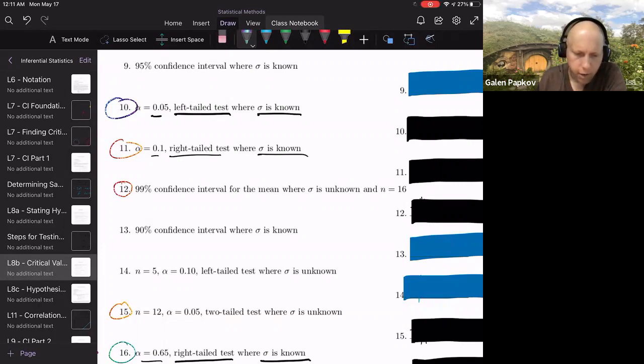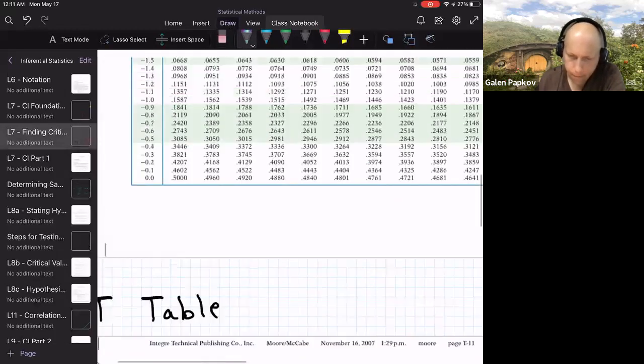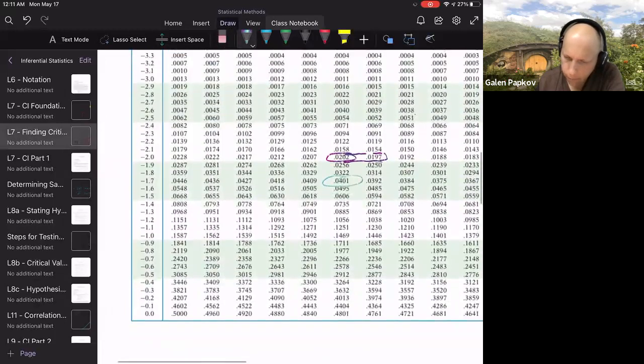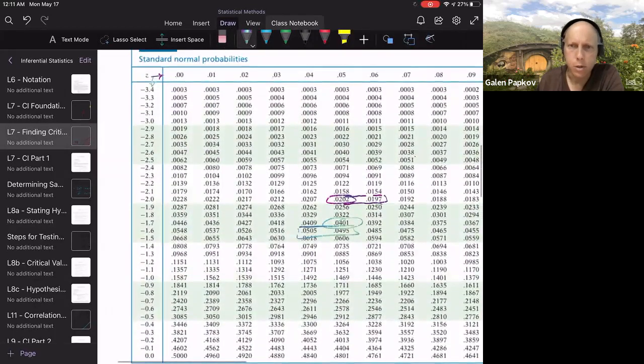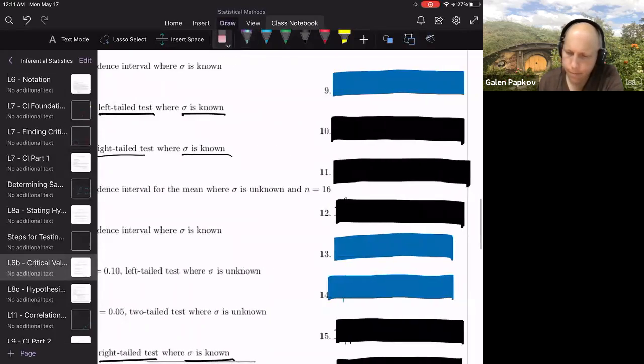And we're looking for 0.05. 0.05 is perfectly between these two, and that's going to give us negative 1.645 when you interpolate. We've seen that one before. There you go.